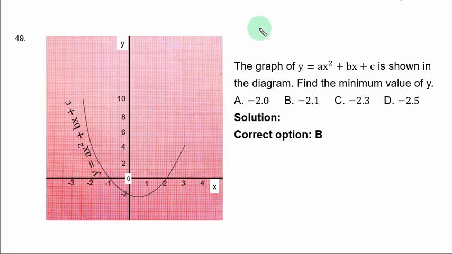Question 49. The graph of y equals ax squared plus bx plus c is shown in the diagram. Find the minimum value of y. That is the lowest point of the curve.